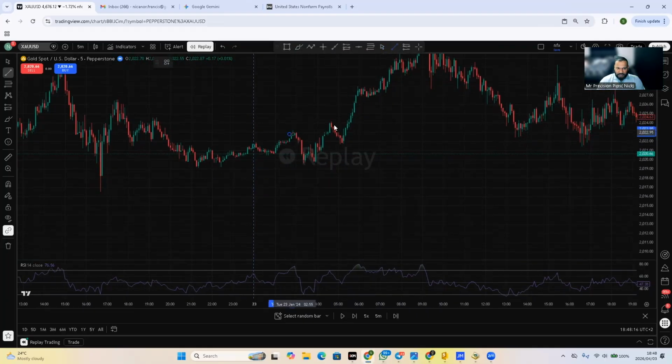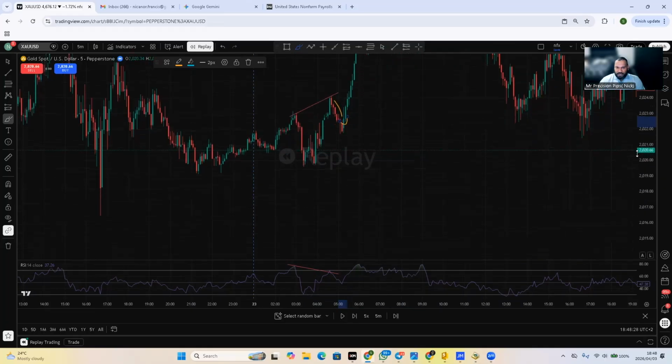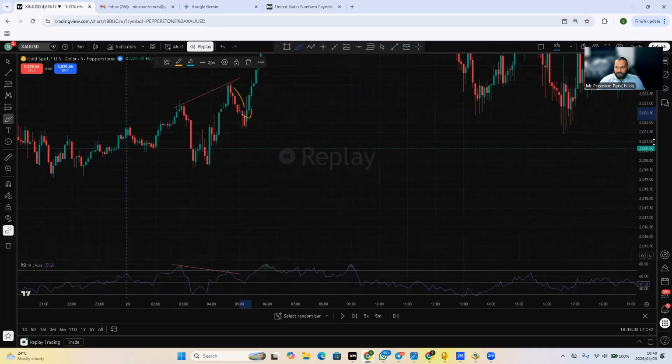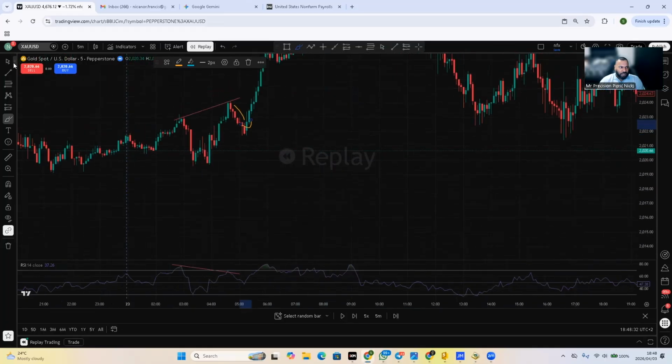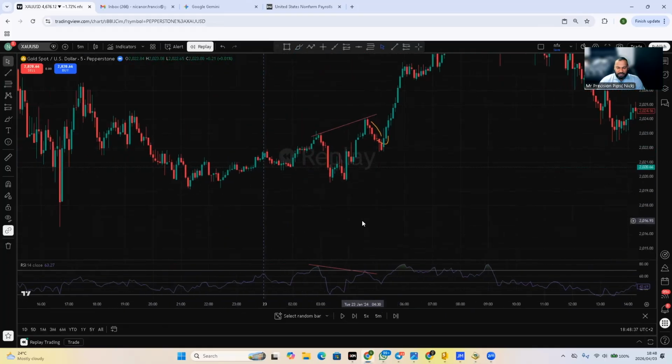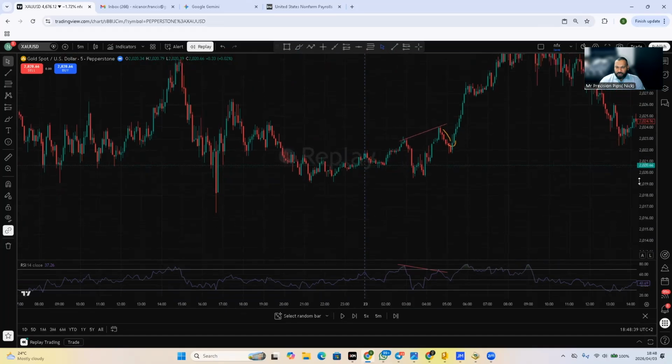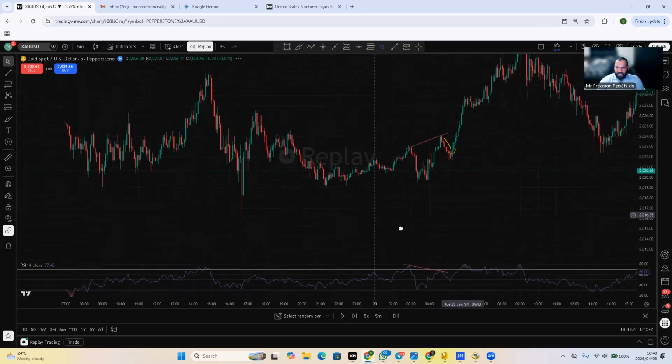You can see price made a higher high, but RSI made a lower high. And then you had this little sell that happened here. It seems small, but if we measured it in pips, I'm sure it would have been at least 200 pips. So that is bearish divergence.